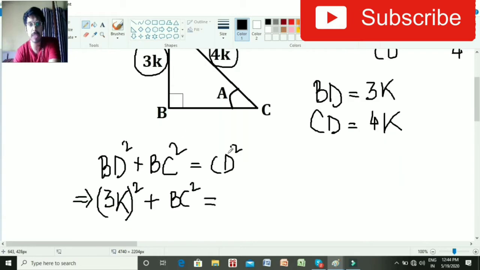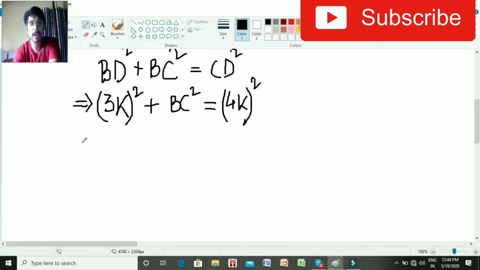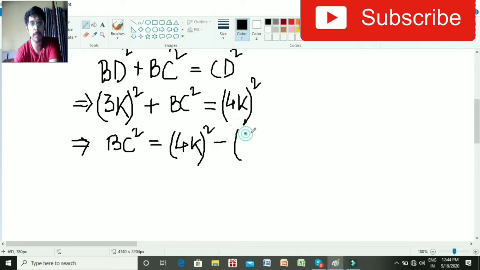CD we have taken as 4K, so CD square will be 4K whole square, right? Now we have to find out what is BC. In order to find BC, we just need to take 3K whole square to the other side. So BC square will be 4K whole square minus 3K whole square.